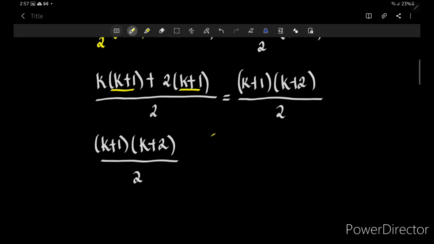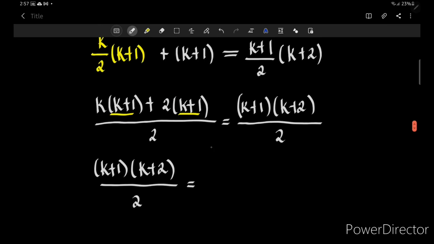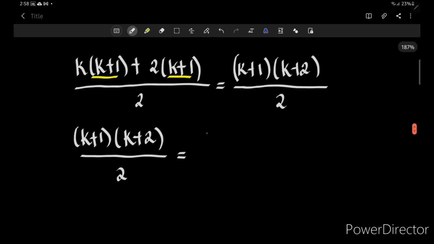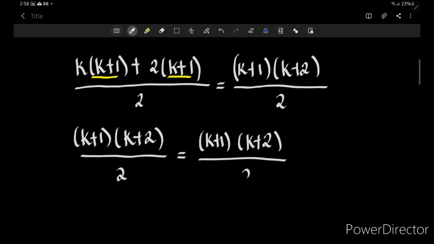Okay. Sa right side, kung mapapansin po natin, susulat mo lang yung nasa right side diba? So, meron tayong quantity k plus 1 times quantity k plus 2 all over 2.